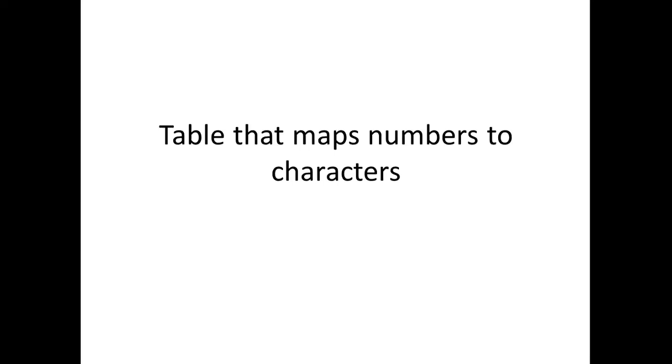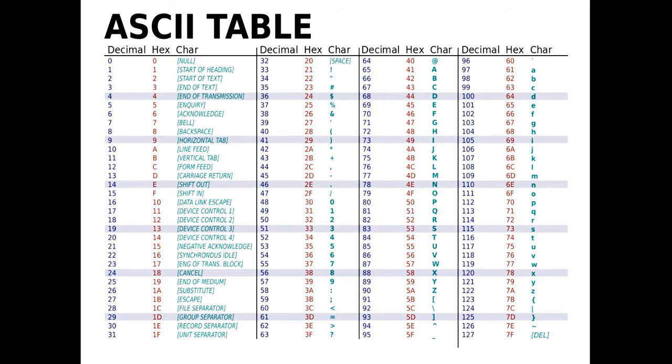Okay, now let's talk about an ASCII table. An ASCII table is basically a table that maps numbers to characters. This is what an ASCII table looks like here. As you can see, this ASCII table consists of 3 columns: decimal, hex, and character. For this particular video, we're not going to be focusing on the hex column.